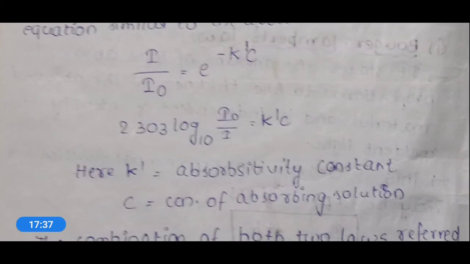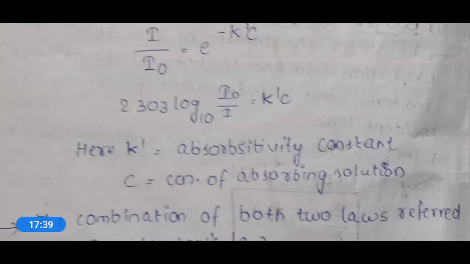Here k dash is the absorptivity constant and c is the concentration of the absorbing solution, and I, as usual, is the intensity of the transmitted light and I naught is the intensity of the incident light.